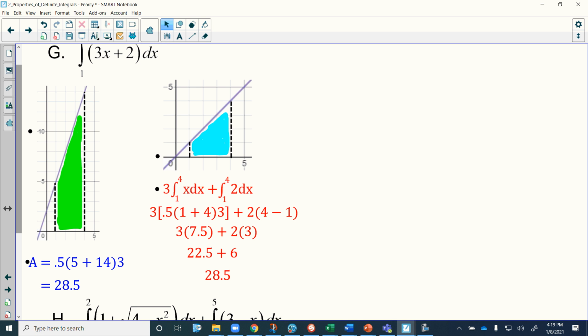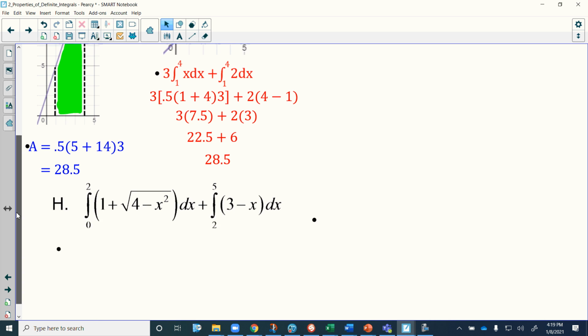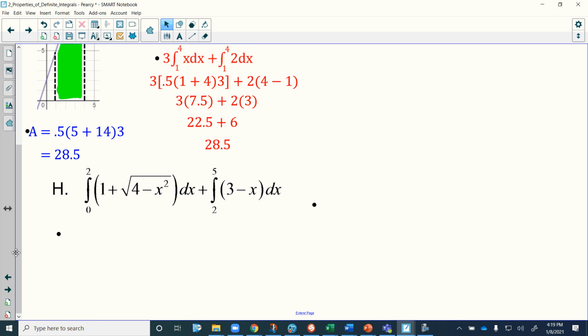Now this last one here is the only one that I could have done two ways, and I just really didn't have it in me to type all that stuff up. So I didn't.